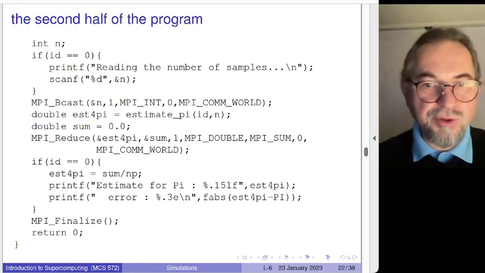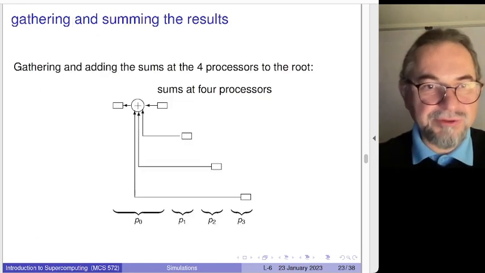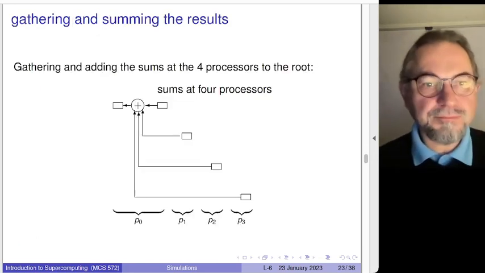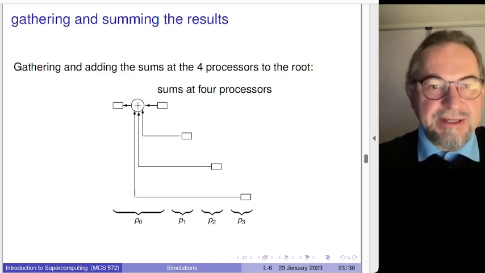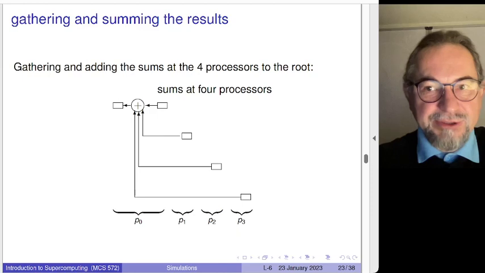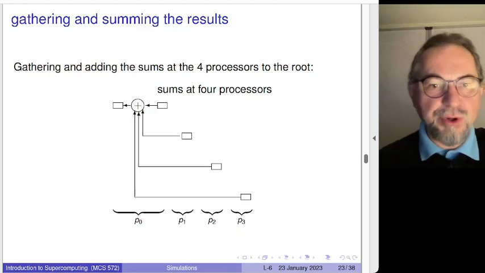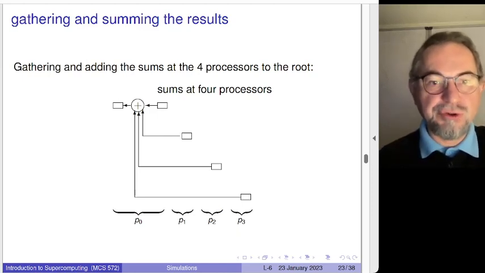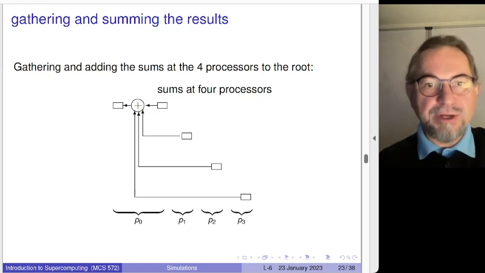Perhaps I should go to the next slide. I tried to indicate this. There is the estimate pi that is computed. Every processor, also processor 0, has this memory location. I called it now sums, but these are the sums of the successes.